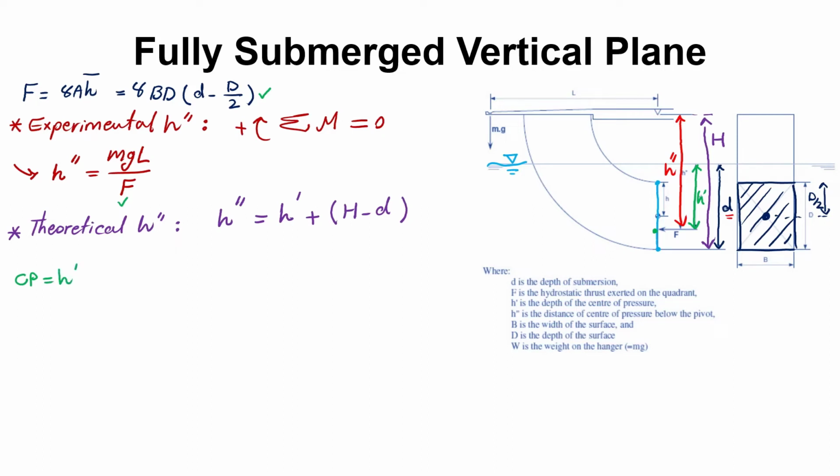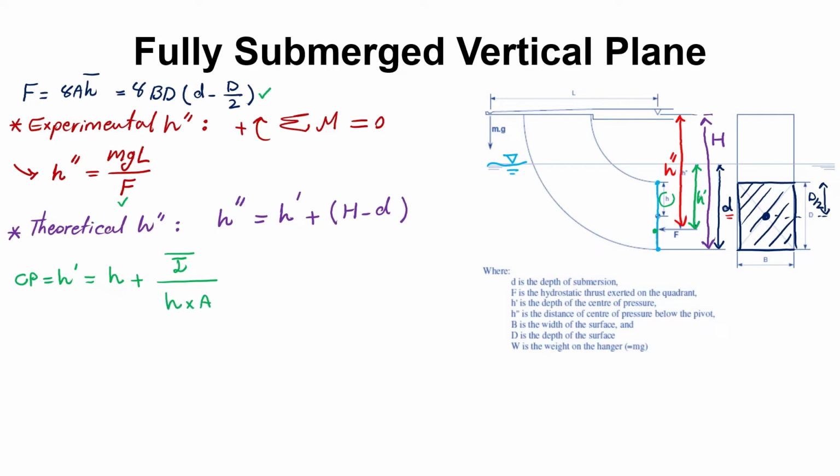And if you have watched my videos related to hydrostatic forces, you know that when you want to calculate center of pressure, you're going to use this familiar equation, which gives you h, and h is, in this case, right over here, the distance from the top of the plate to the centroid, plus you are going to have I bar, which is the second moment of inertia, divided by h bar times A.